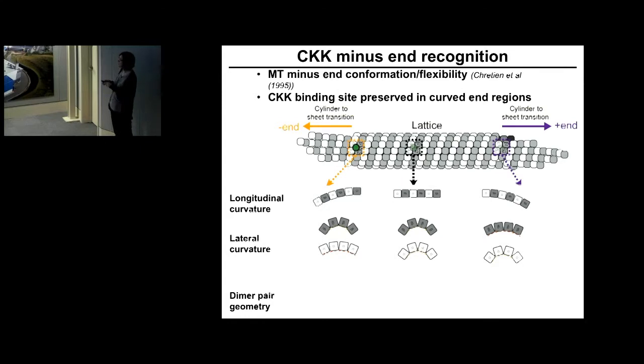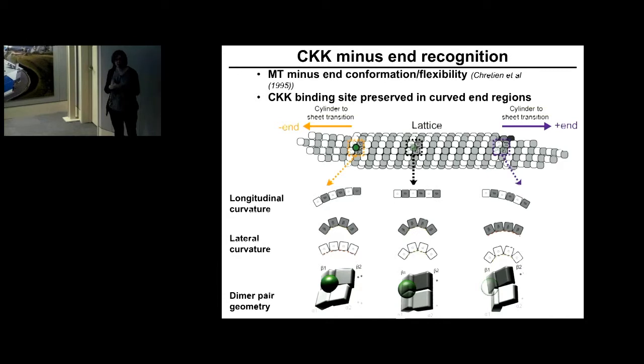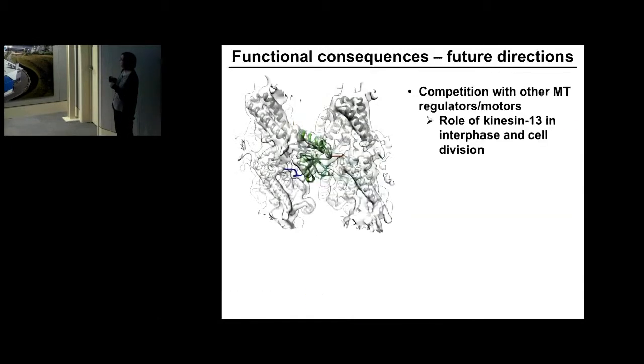By this mechanism, we think the CKK domain is fine to bind to the lattice binding site, is really not able to bind to this very flattened region of beta tubulin, but binds very comfortably in the alternative curvature of the microtubule minus end. And so by this means, we think the CKK domain can recognize this curvature and therefore recognize microtubule minus ends.